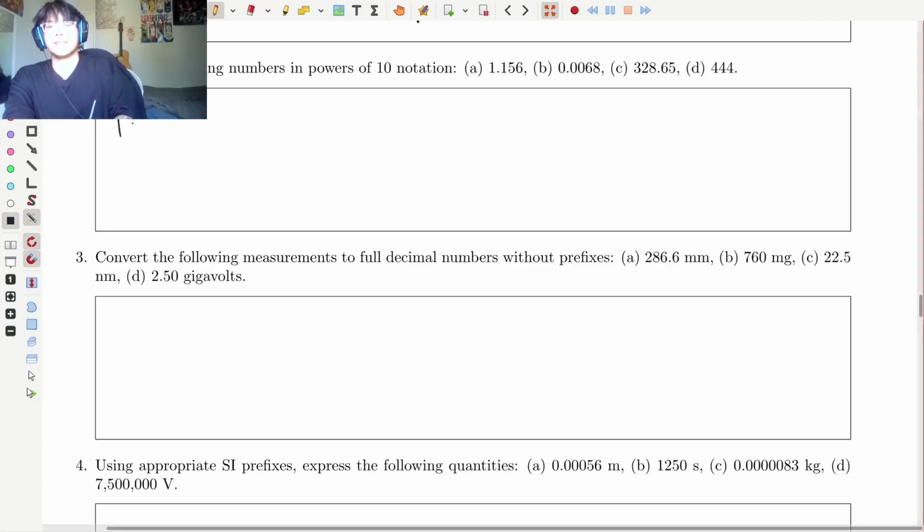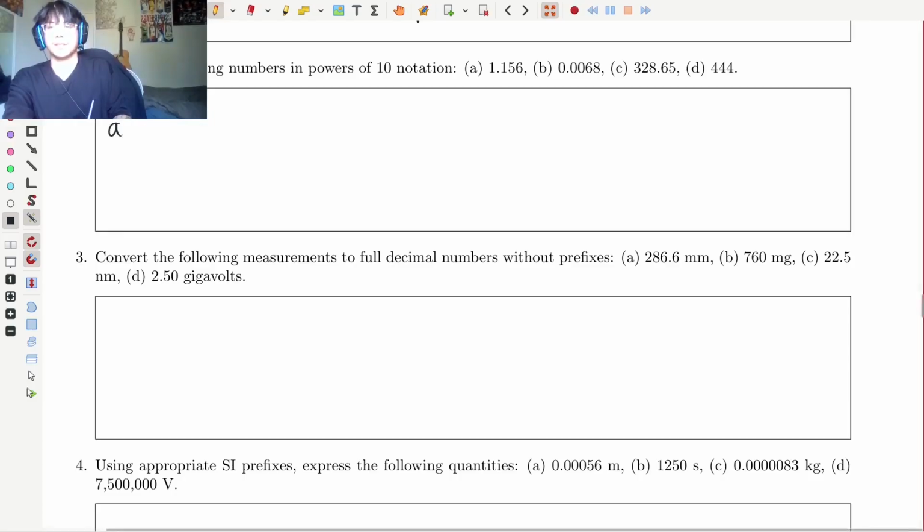So here I'm just going to do it in the form a times 10 to the b, where a is less than 10 and greater than 0. So decimal numbers that are 1 digit.